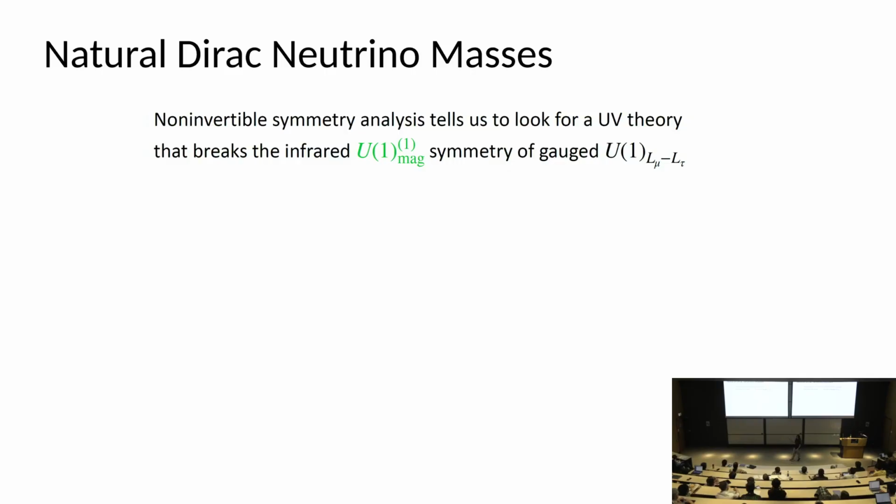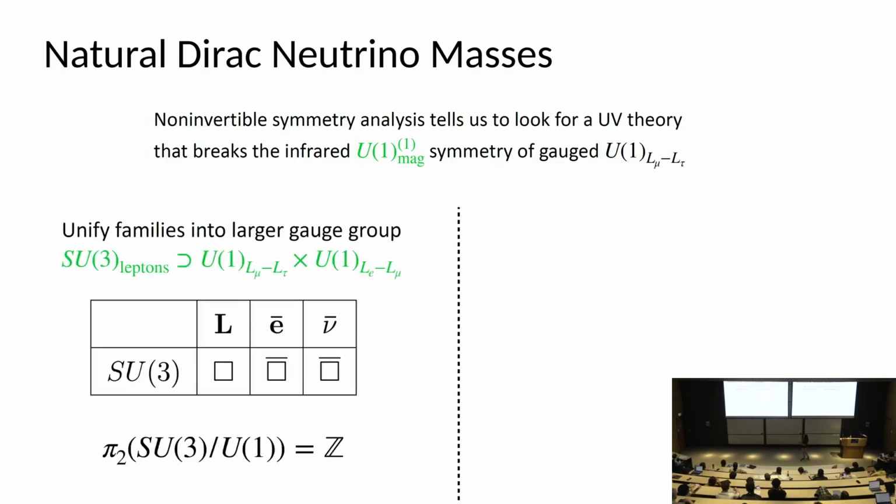So, indeed, the non-invertible symmetry analysis I went through in general tells us that we should look for a UV theory that embeds L mu minus L tau and breaks the magnetic one-form symmetry explicitly by including the appropriate magnetic monopoles. And once you know what you're looking for, it's not so hard to find the nice thing to do. You still have to be a good particle physicist and model builder and quantum field theorist.